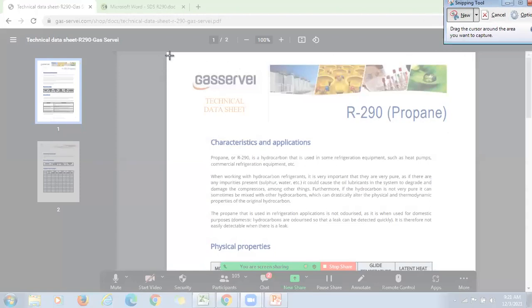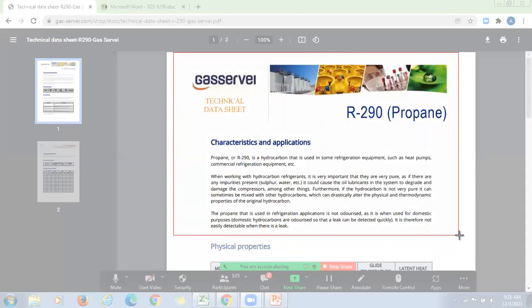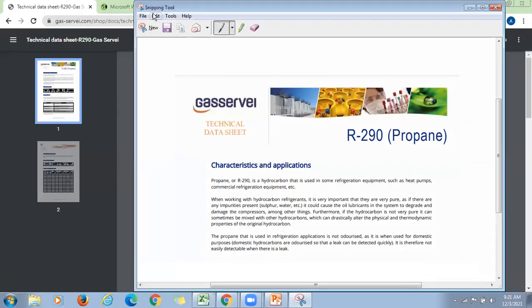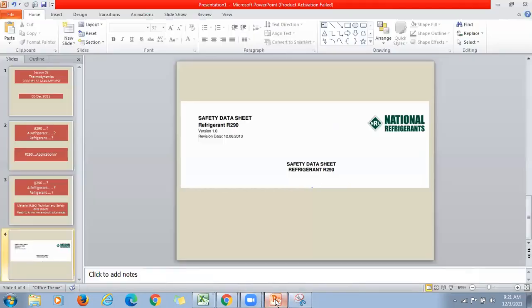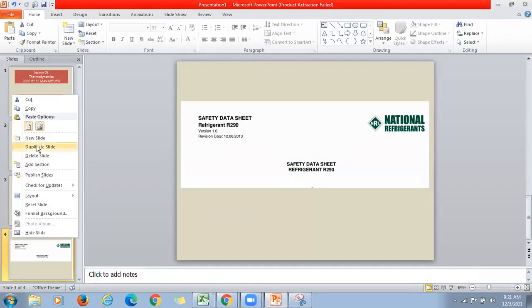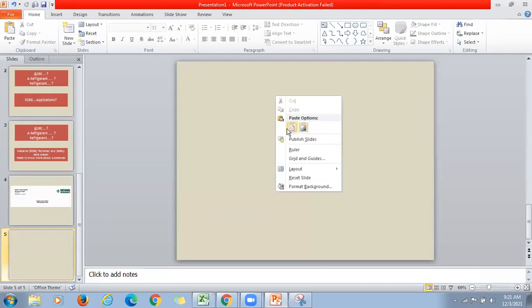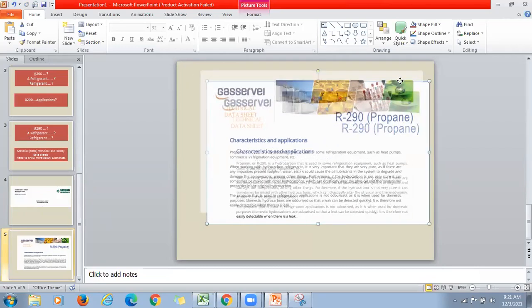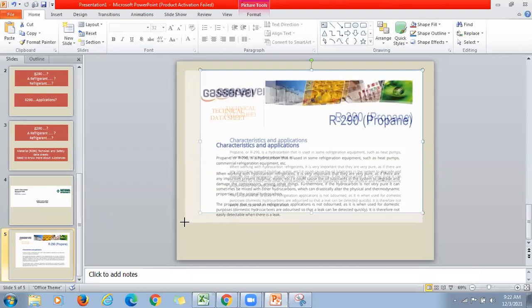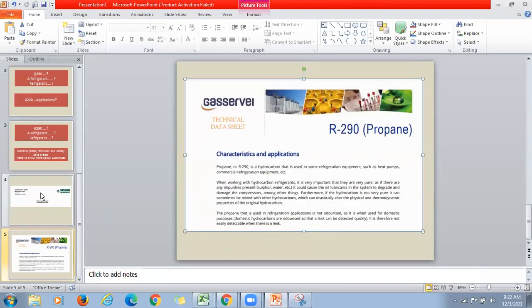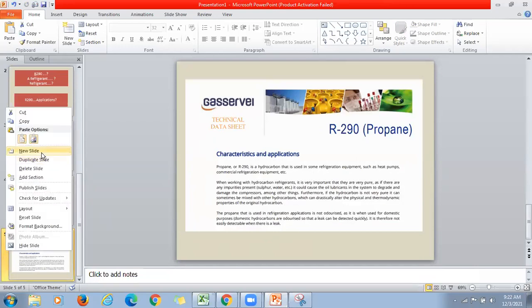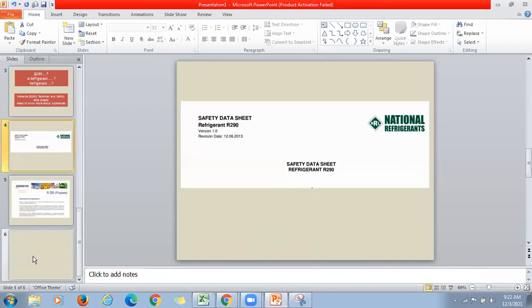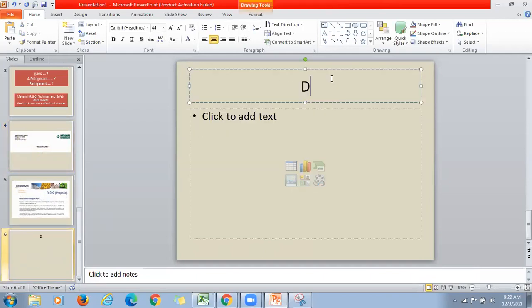Data means some useful information. So data sheets are useful information.